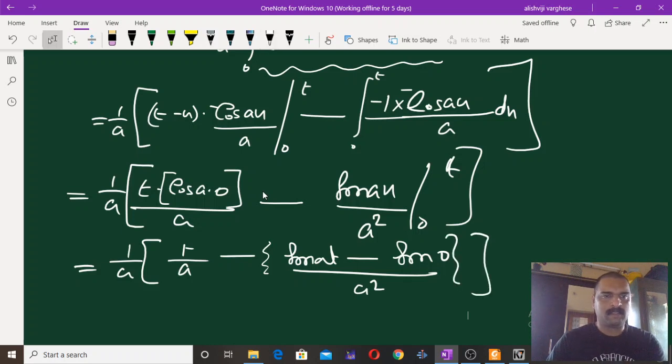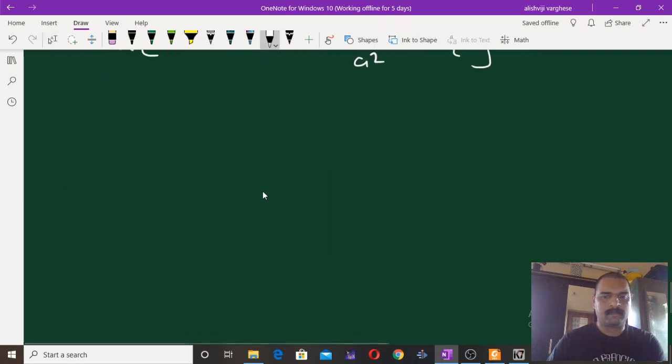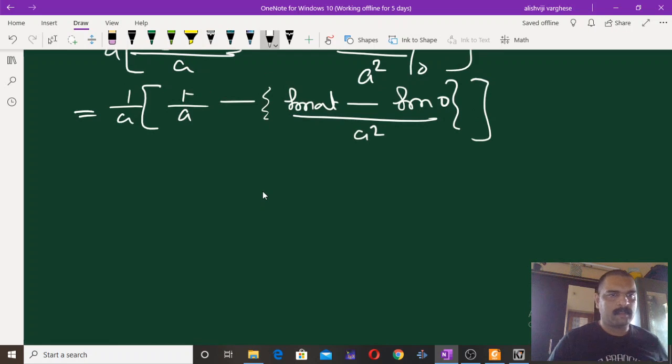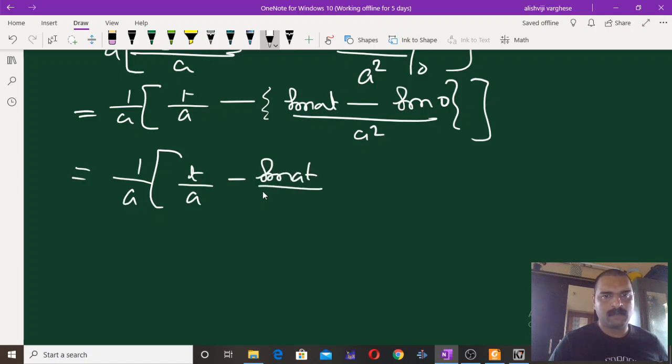This is equal to 1 by a into t by a minus sine 0, which is 0. So what remains is sine at divided by a square.